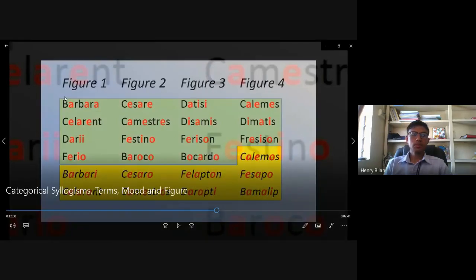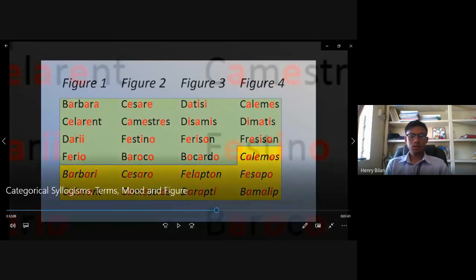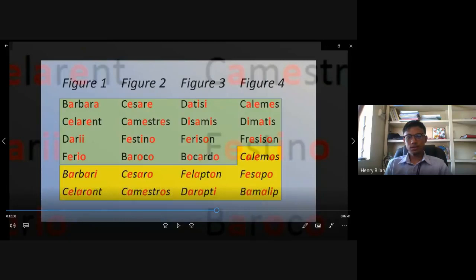So, sir, what are these? Barbara, Celarent, Darii, Ferio. So these are mnemonic devices for people to easily memorize the mood under each figure. May humahabol pa sa klase. Sana.